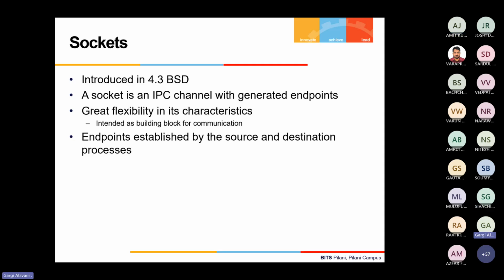We can create a chat application using sockets, where it creates a channel between client and server.